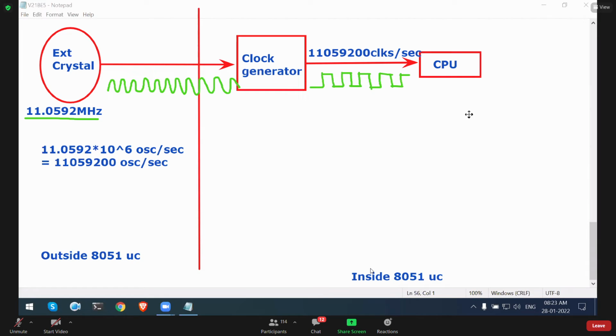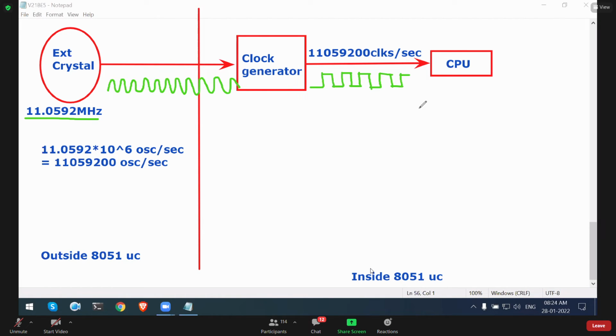In the case of 8051, the 8051 CPU is getting 11.059200 clock pulses in 1 second.